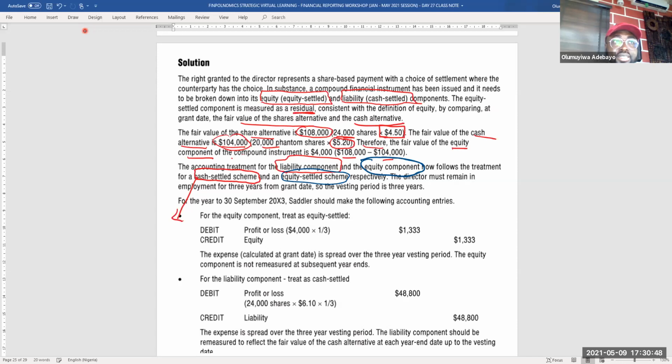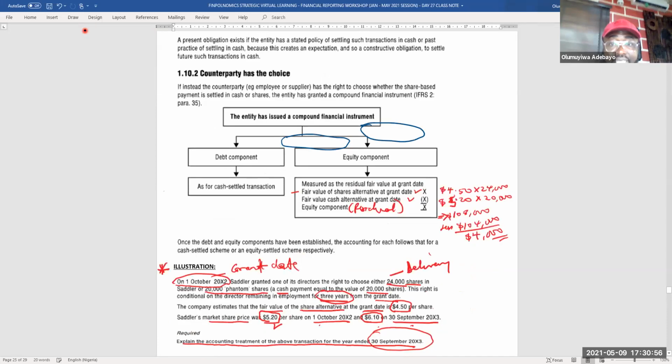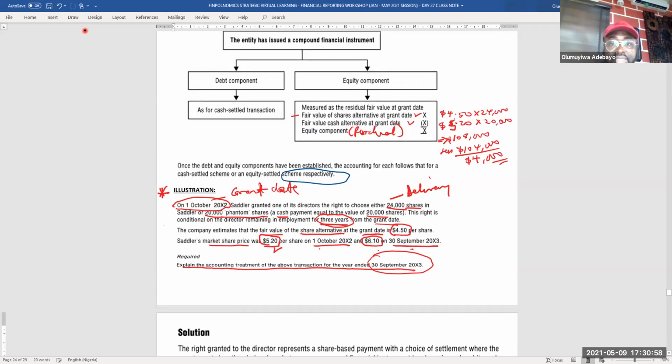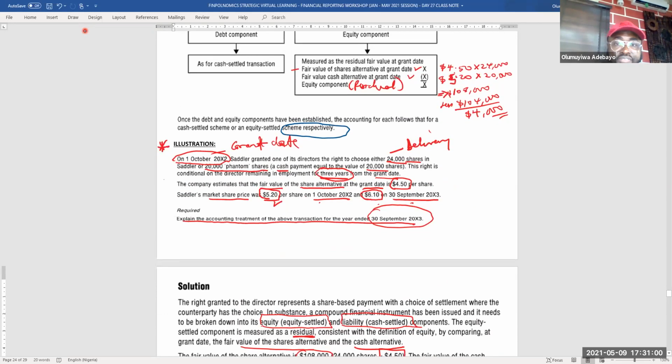The cash settled component will be at fair value at each reporting date. That is why you'll find out later that this 6.10 is relevant for the cash settled, but not relevant for the equity settled. Let's take note of that.